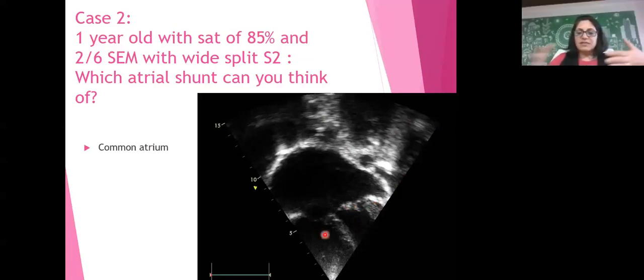So when blood comes from SVC, IVC, pulmonary veins, it all mixes inside the atrium, and that's why you have desaturation. So features of ASD, but blue, think of common atrium. You can think of unobstructed TAPVC as well.